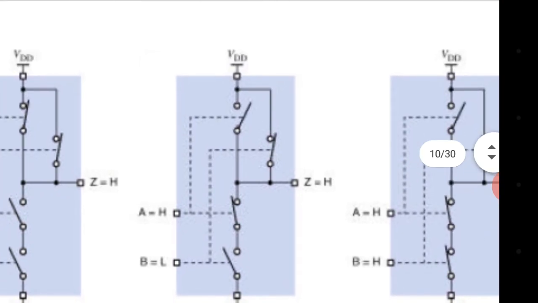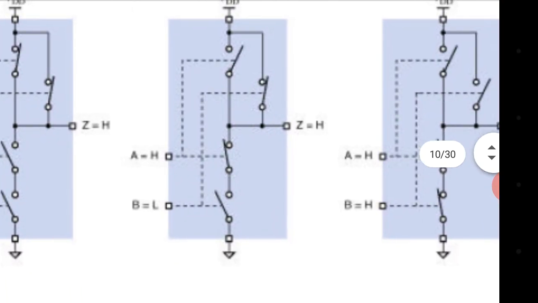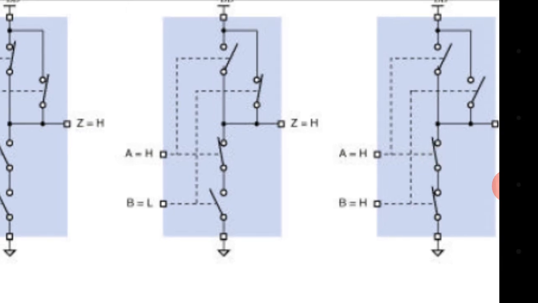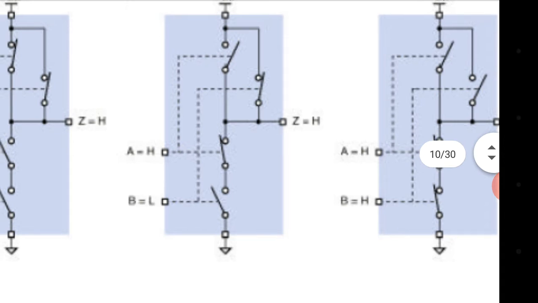Let us talk about the second situation, when one input is low and the other input is high. Here I have considered A as high and B as low, but we can also get a similar operation when A is low and B is high; only the two transistors which are on over here, Q1, Q2, Q3, Q4, will become off in the other situation.